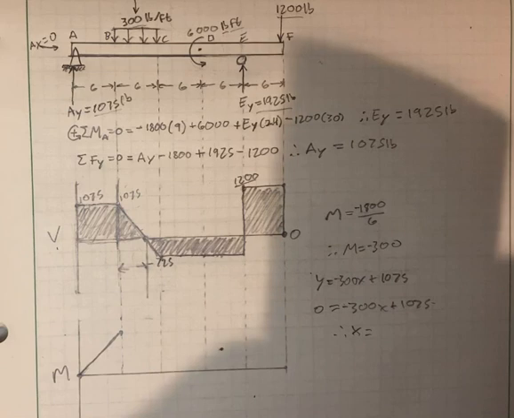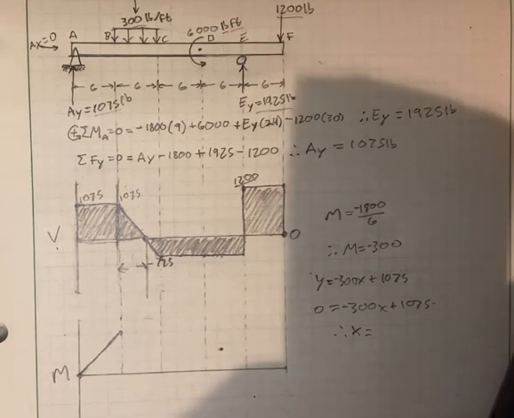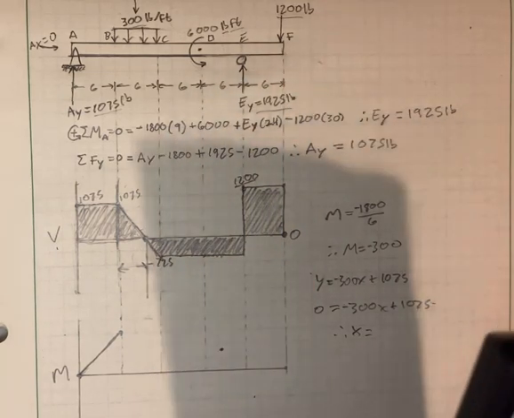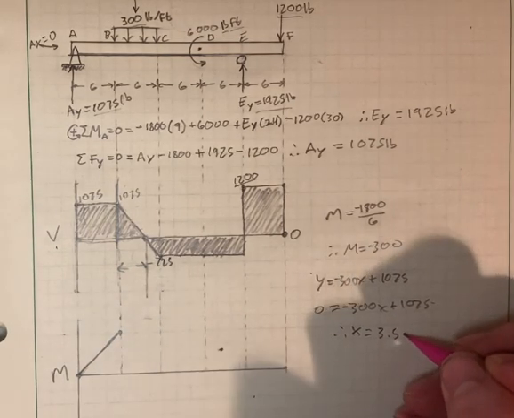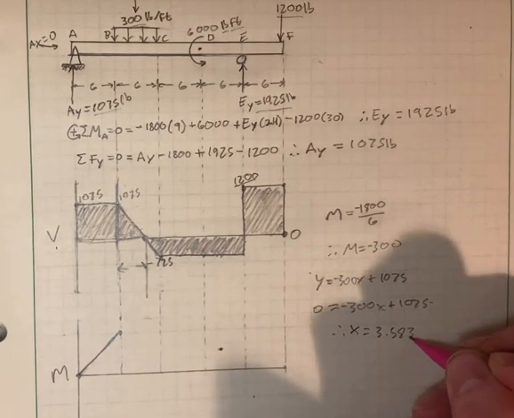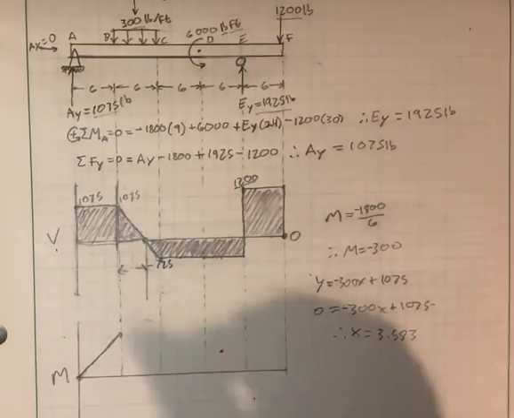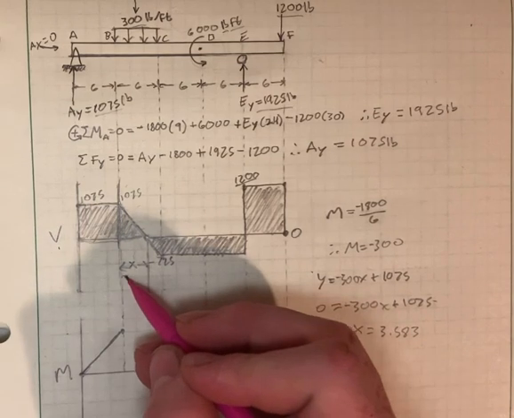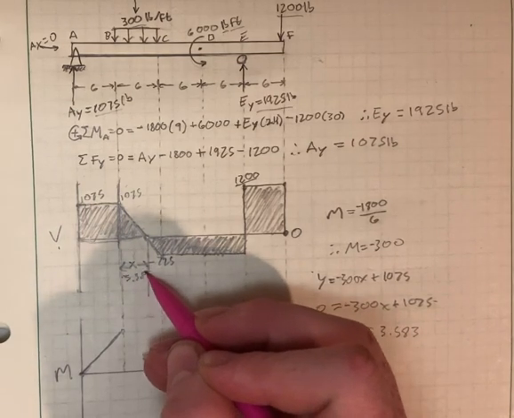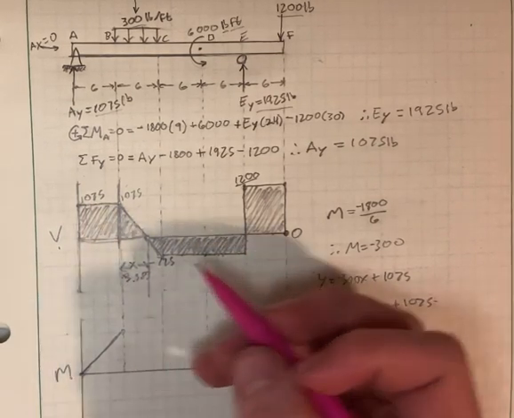Negative 1075 divided by negative 300. Great, 3.583. So what is that number? That is that distance.